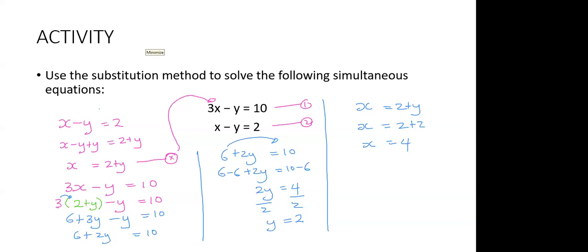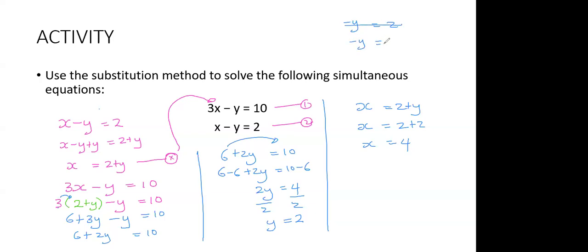Yes. And I remain with negative y equals 2 minus x. But then for that particular one, you remove that negative on y. How, master? Okay.